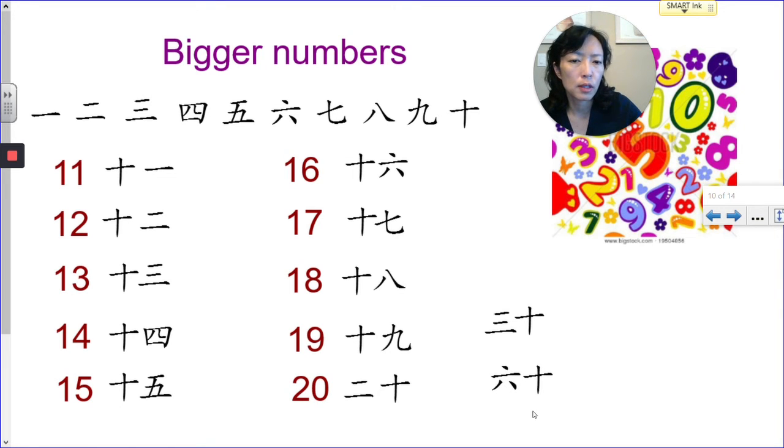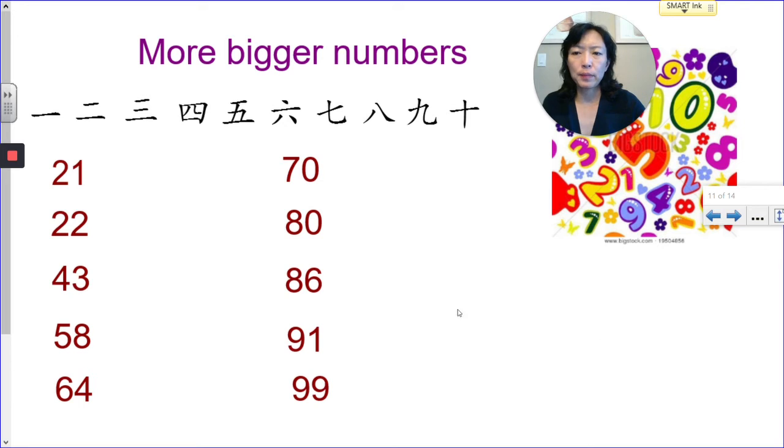So if I switch both numbers, what is this number? You're right. That is 10 and 6. That is our 16 instead of 60. So this is 60 and this is 16. All right, so we're going to work on even bigger numbers.